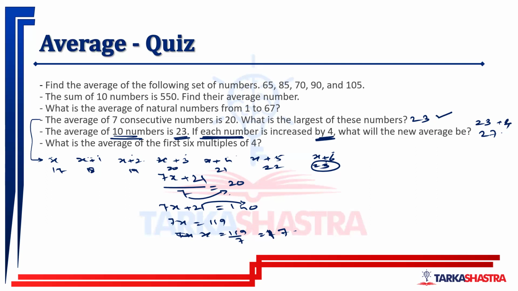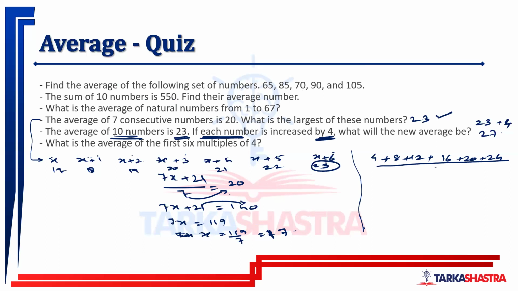Next, what is the average of the first 6 multiples of 4? Very easy. So 4, 8, 12, 16, 20, and 24. These are the first 6 multiples of 4. We have to find the average.